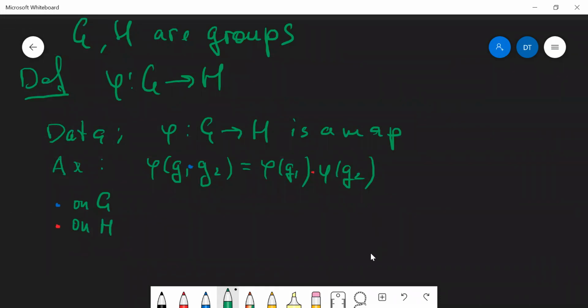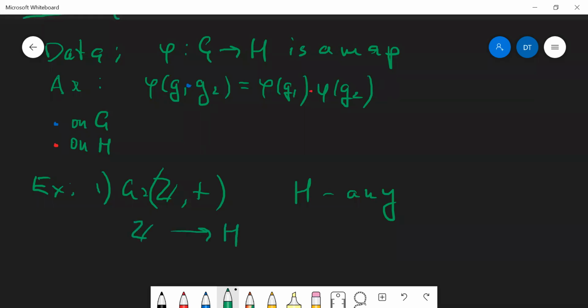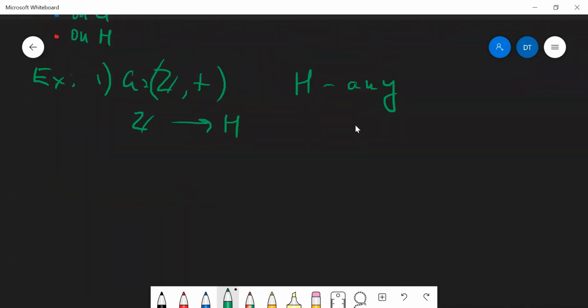Okay, so let me give you several examples. Example number 1. Suppose our group G is Z with addition, and H is just any group. I want to produce a homomorphism from Z to H. In order to do that, I fix an element h in H, just any element.